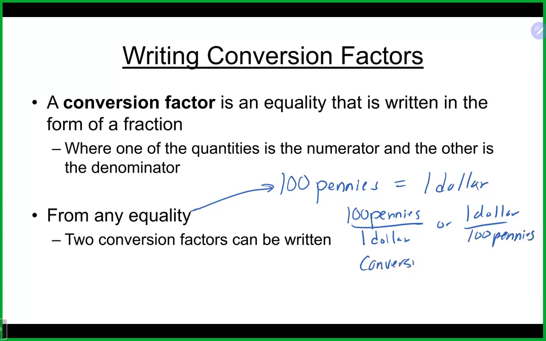Will you use both conversion factors in a calculation? The answer is no, because you'll be undoing your calculation. So you just want to use whichever one is appropriate. You want to get in the habit of writing these things as very clear fractions, where the units are on top and bottom.